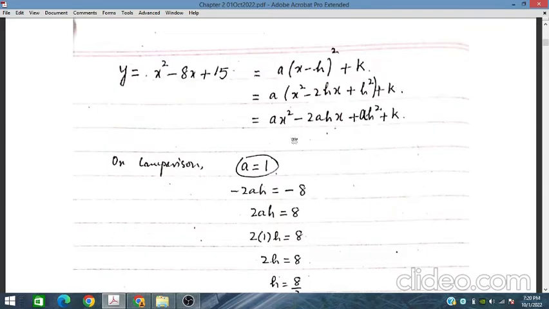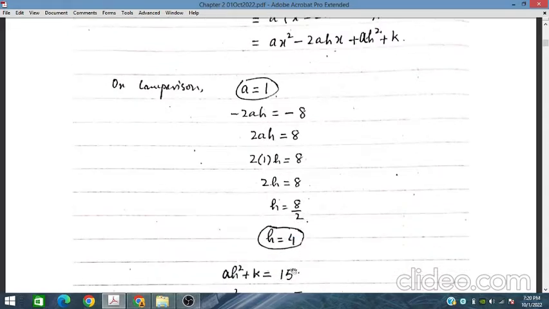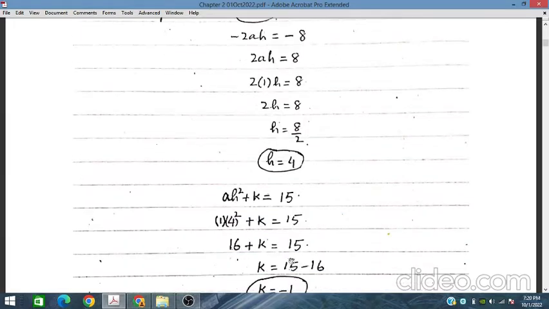So on comparing coefficients, here a is equal to 1, and minus 2ah is equal to minus 8, and ah square plus k is equal to 15. So a is equal to 1, so minus 2ah is equal to minus 8. By placing the value of a, h is obtained as 4, and after getting a and h, we can place the value in ah square, and k is obtained as this.